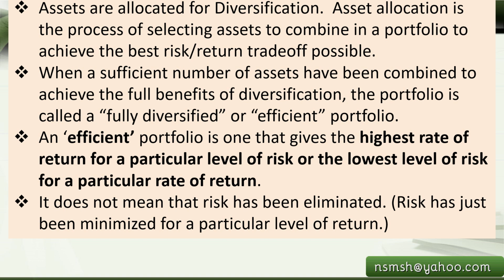When a sufficient number of assets have been combined to achieve the full benefits of diversification, the portfolio is called a fully diversified or efficient portfolio. These are terms you should understand for your professional life as well as from the examination point of view.